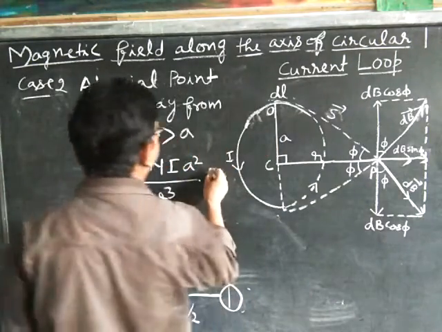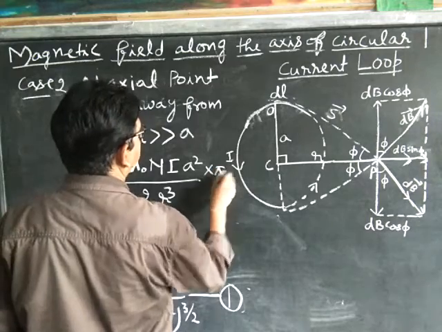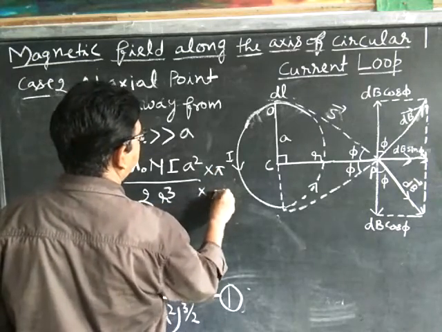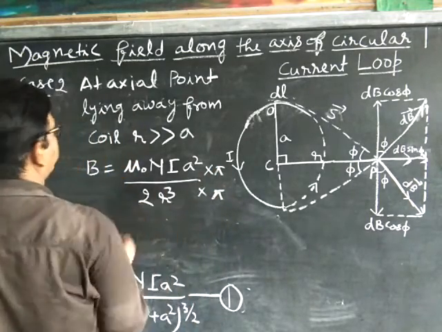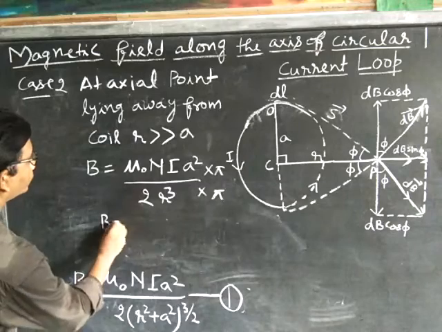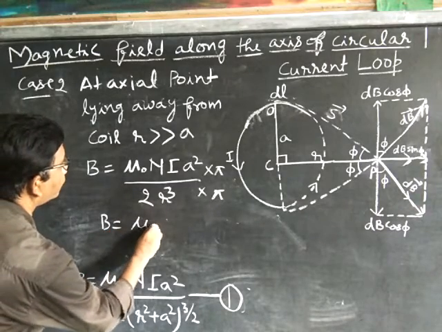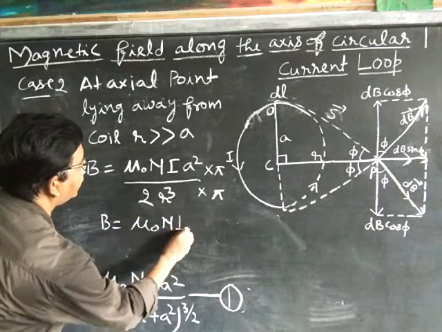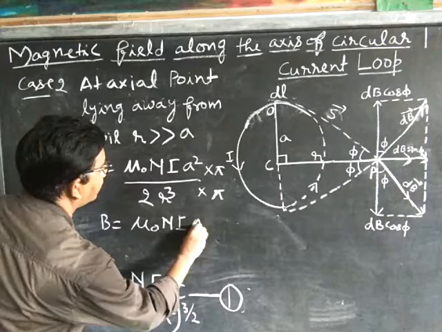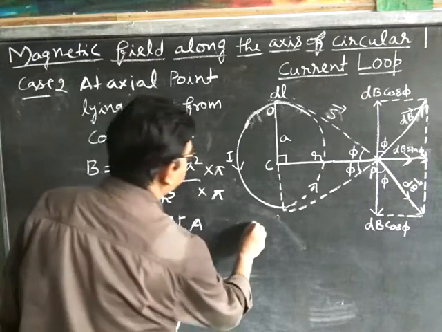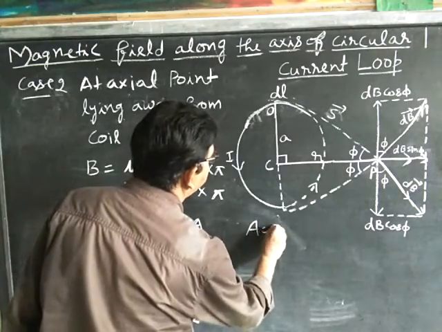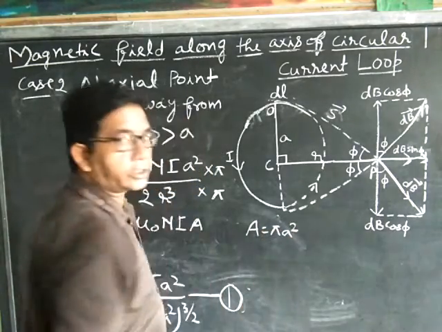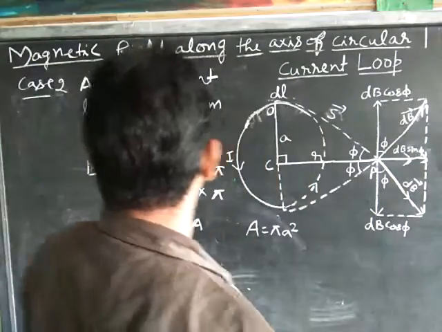We will multiply and divide by pi. Then B is equal to mu 0 N I times capital A upon 2 pi R cube, where capital A is equal to pi A square, which is the area of the loop.